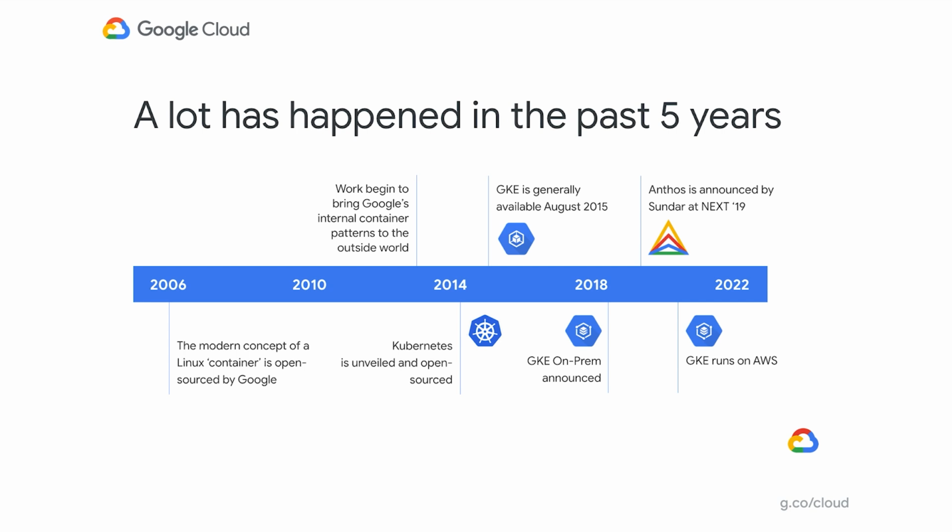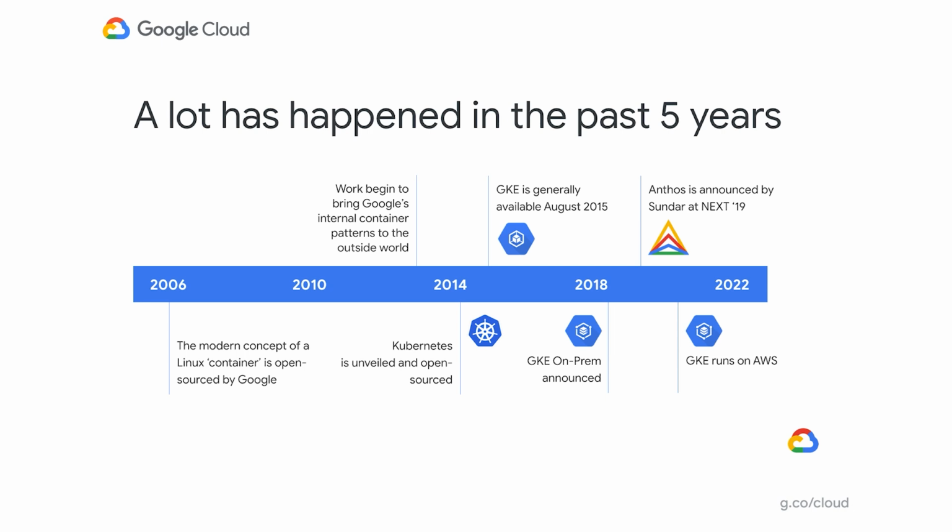And in 2014, Kubernetes was unveiled, setting the new standard on what it means to run cloud-native infrastructure and cloud-native applications. A year later, in August 2015, GKE was born, making it simple and available for customers to run Kubernetes clusters.